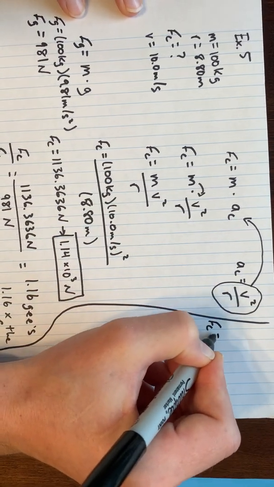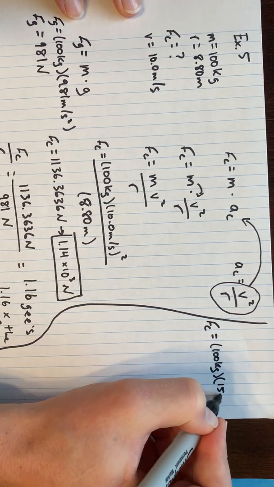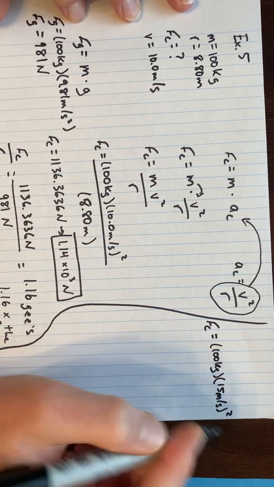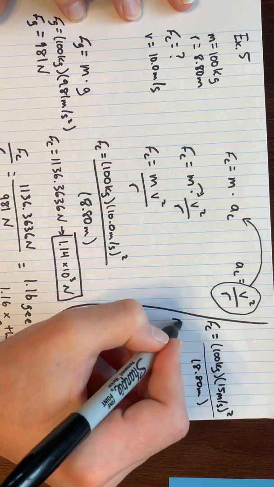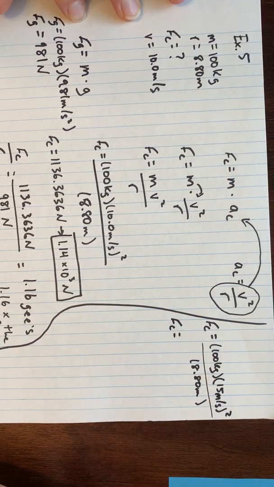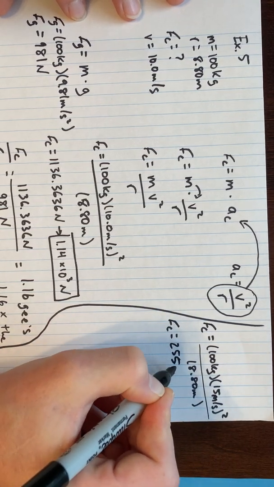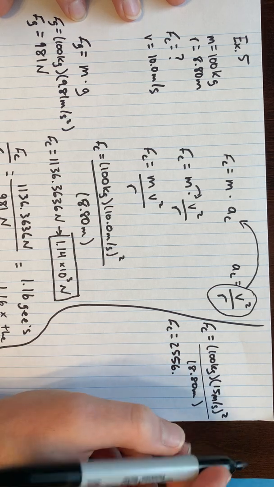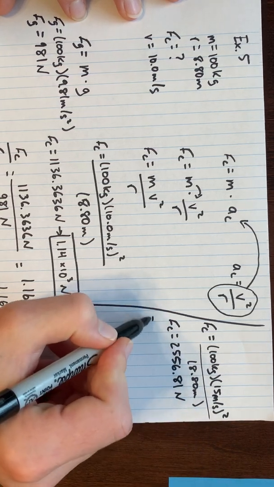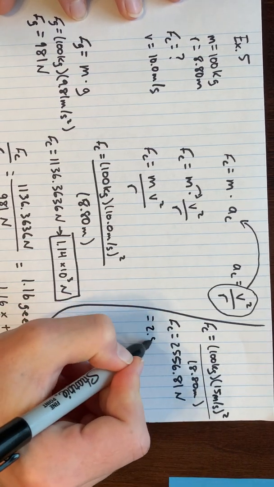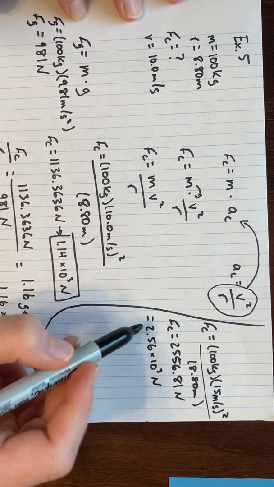So centripetal force is equal to 100 kilograms times 15 meters per second squared over 8.80 meters. And we will get a centripetal force of 2,556.81 newtons, which is equal to 2.56 times 10 to the 3 newtons of centripetal force.